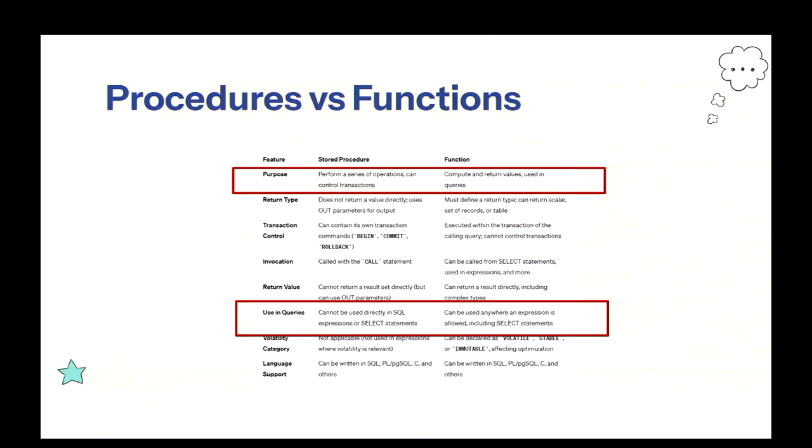And since functions are expected to return some value, we can treat functions as tables, so we use the keyword select to invoke functions. Functions are treated as tables because they are expected to return a set of values. That's the difference between procedures and functions. You don't need to remember everything here, just the two key points. And that's all for today's lecture, and thank you for attending.